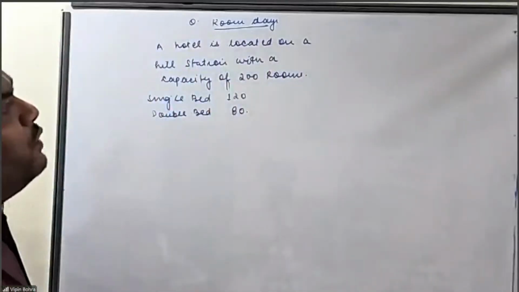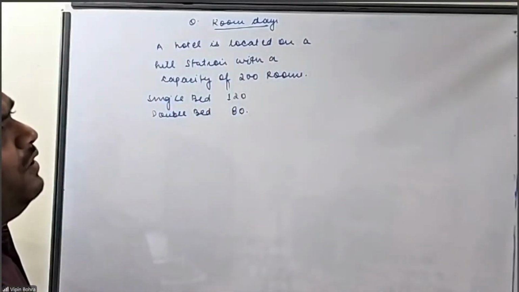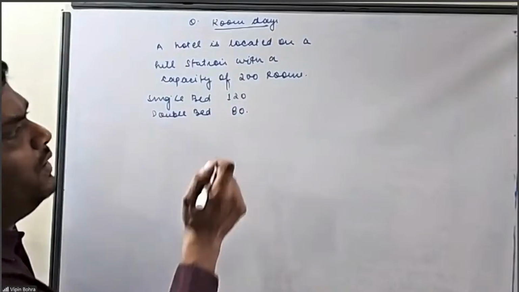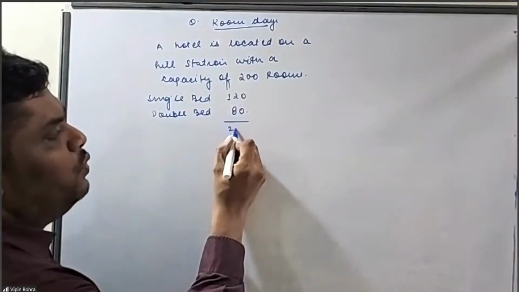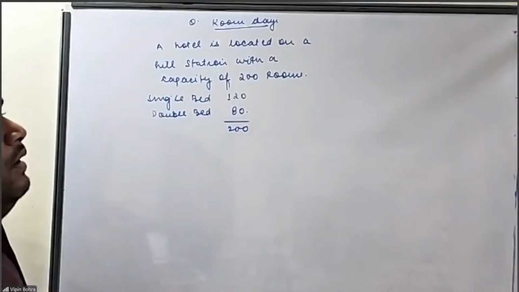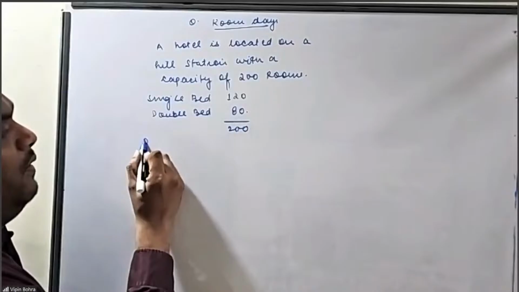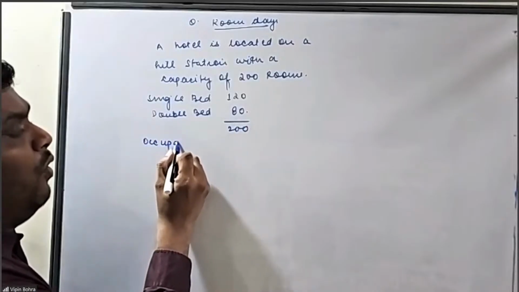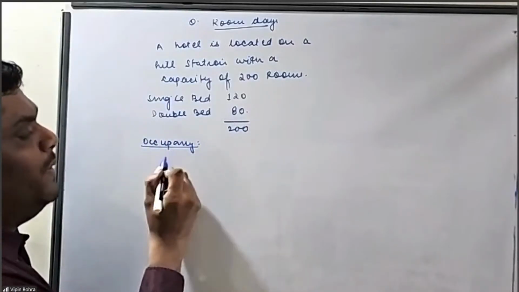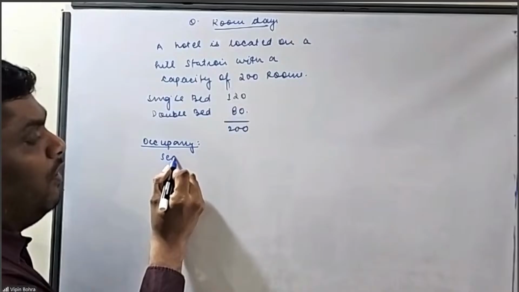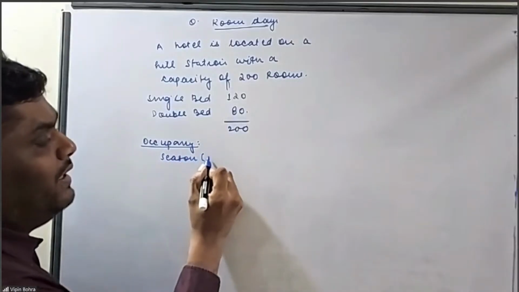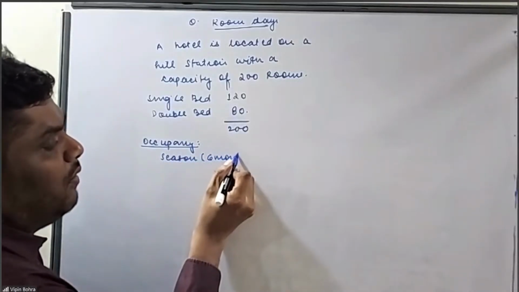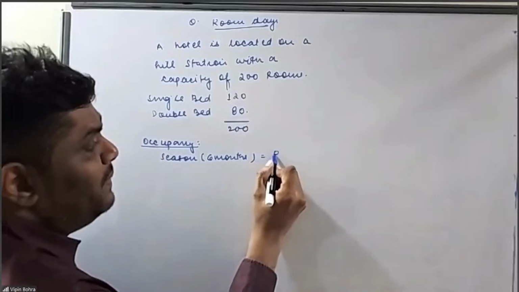A hotel is located on a hill station with a capacity of 200 rooms. The single bedrooms are 120 and double beds are 200. Now, when talking about occupancy during season, that is 6 months, it is 80%.